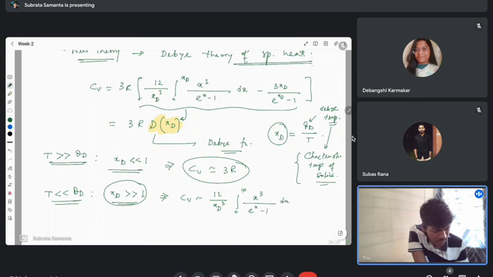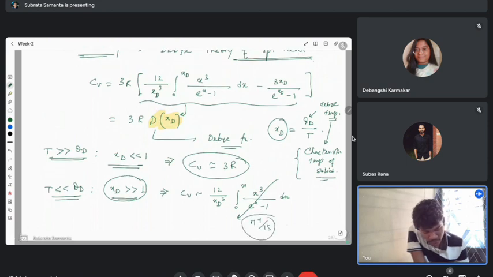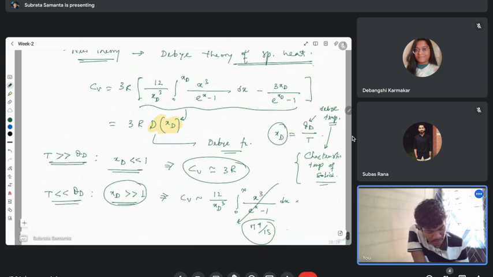When you solve this integral it gives a constant value, 4 pi to the power 4 by 15, and the other constants are there. So this is just 1 over x_T cubed.